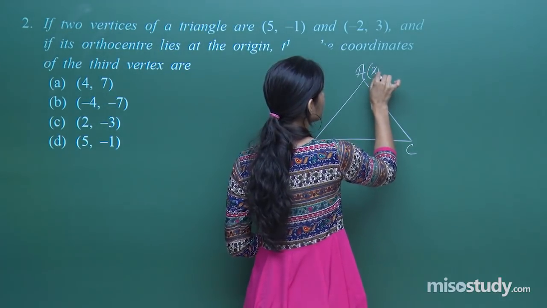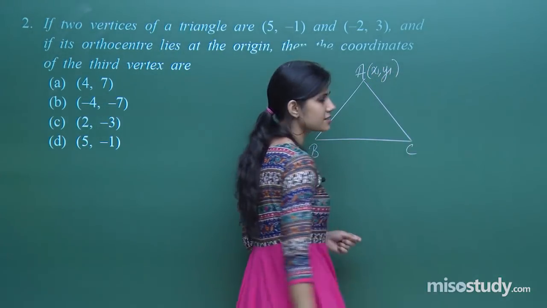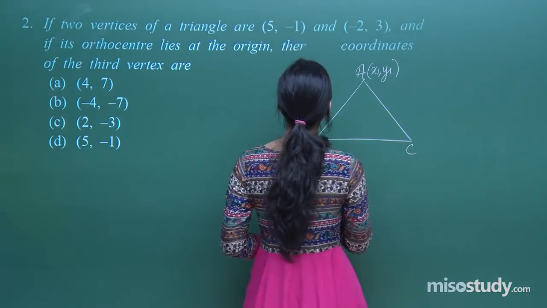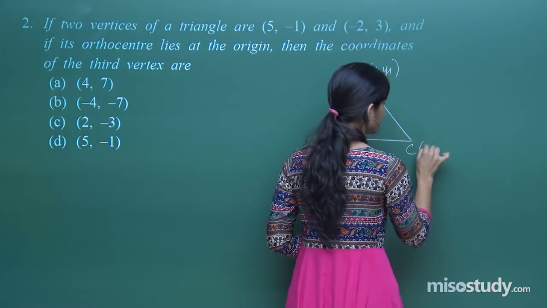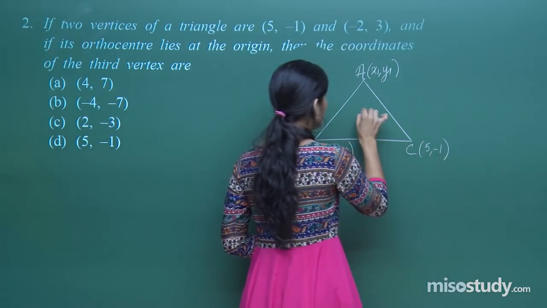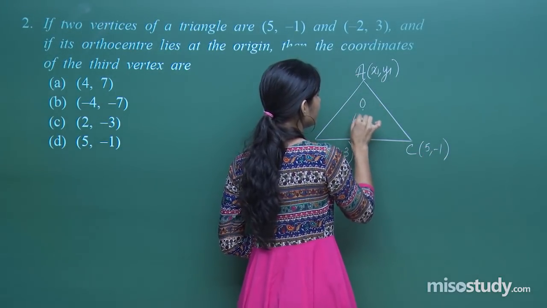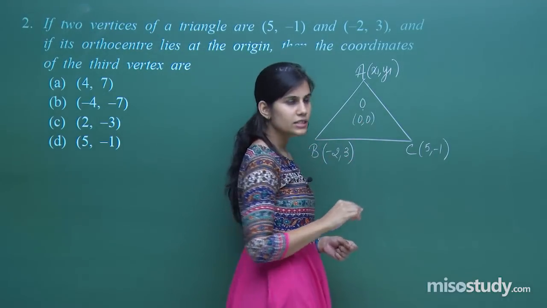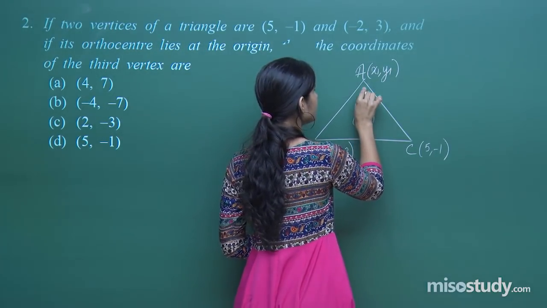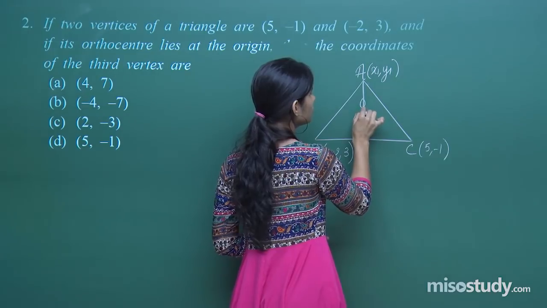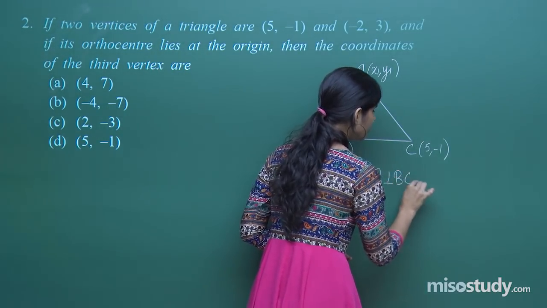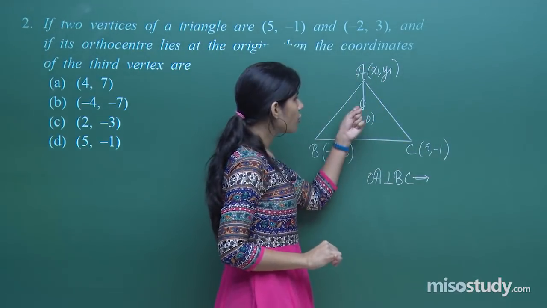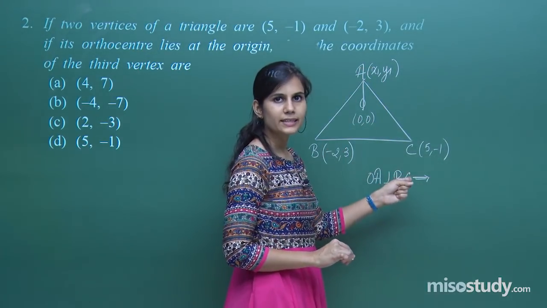I am saying suppose this is the third vertex, I don't know what this is. B is (minus 2, 3) and C is (5, minus 1). Orthocenter is, say, at the origin. If O is the orthocenter, I know OA is perpendicular to BC, that means slope of OA into slope of BC is minus 1.